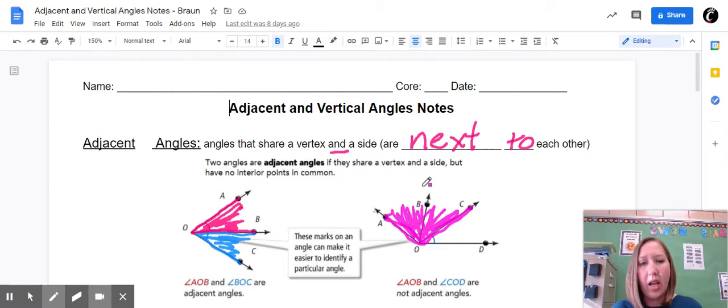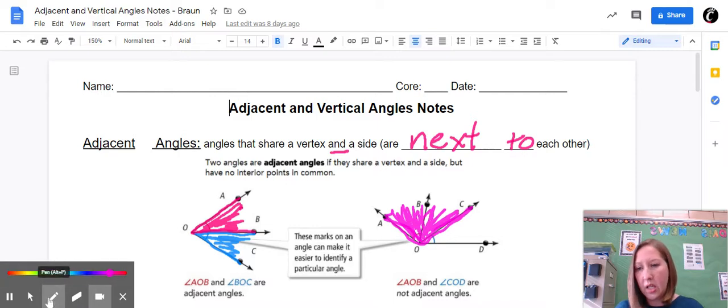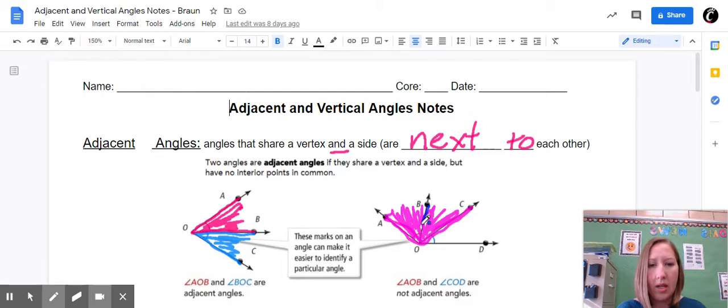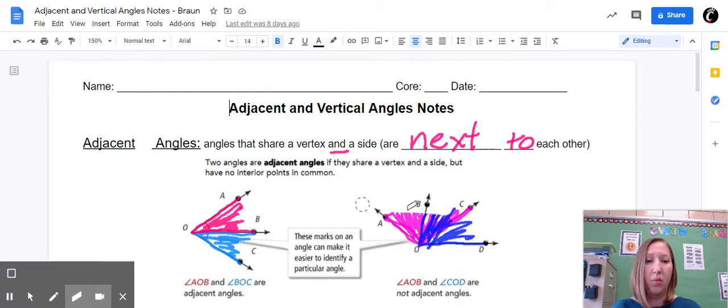And if I was looking at angle BOD, that would come up here and come down and out to D. And these would have points that overlap. This section here where there's both the purple and blue, those would be interior points that would be in common. So again, they share the same vertex O, but they don't share a common side. Really, they have these points in common, they overlap. So those would not be adjacent either. So I'm going to erase this back out.